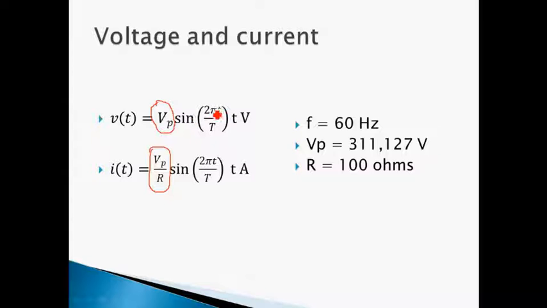We have the sine of 2πt above the period capital T, and the same waveform for the current. The frequency, as I said, is 60 Hz. The maximum of voltage, and we put the resistor equal to 100 ohms.